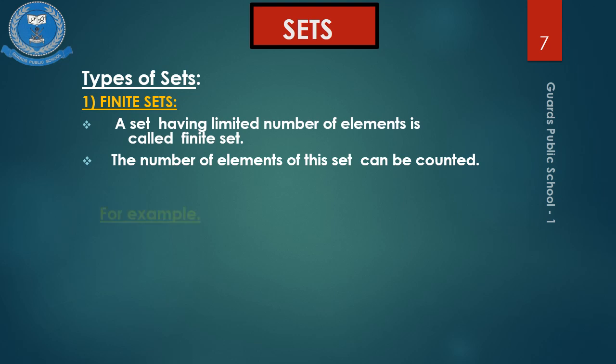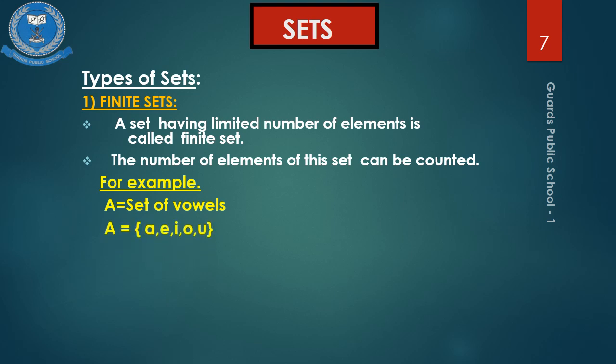Look at example number 1. Write a set of vowels. As you all know what vowels are, so you will write like this: A, capital A, that is your notation, is equal to curly bracket open a, e, i, o, u, curly bracket close.